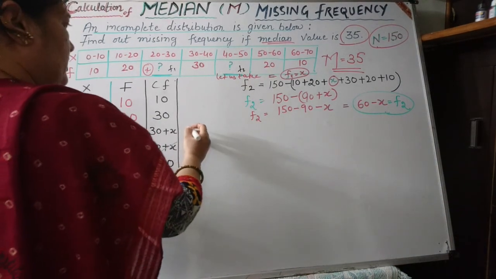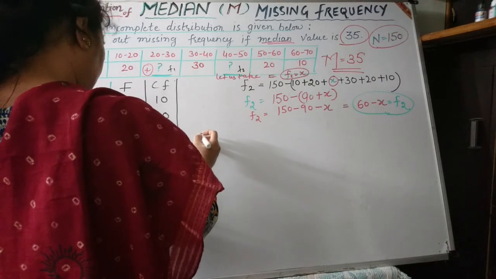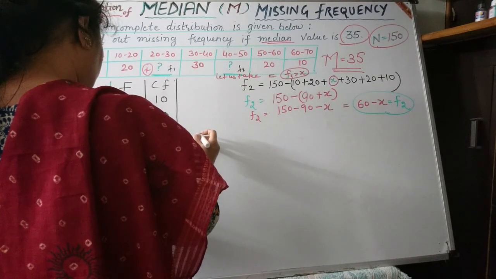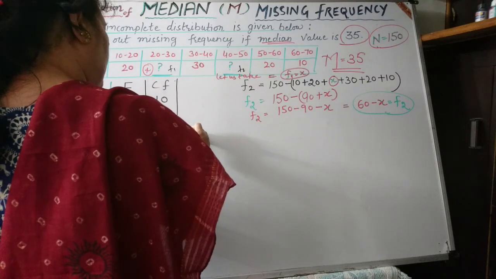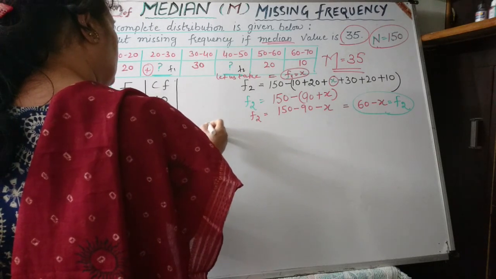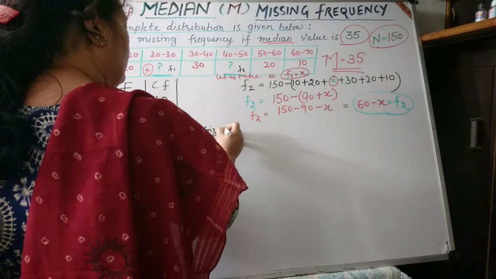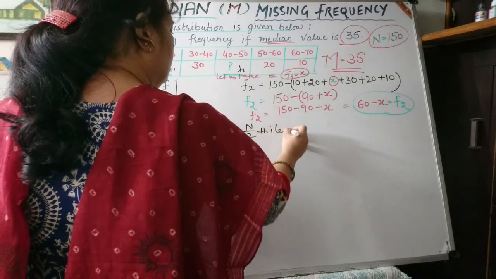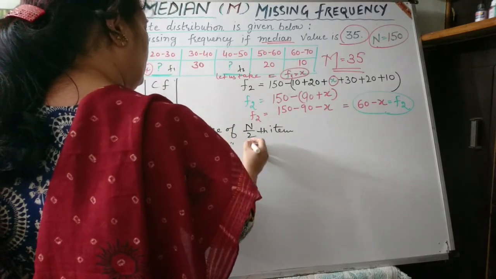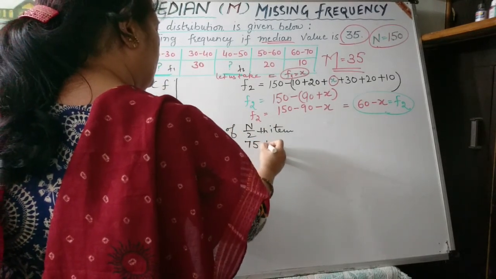Then let us put the value in the formula. M is equal to size of N by 2 th item, which is equal to size of 75th item.